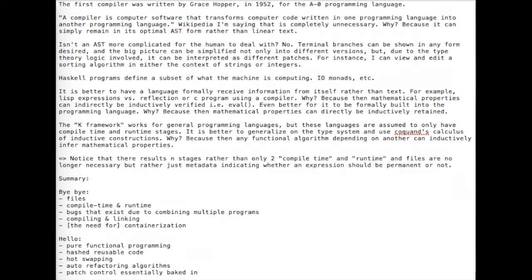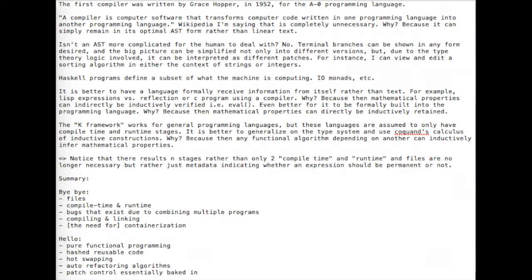So what I'm saying is that it's better to use something like Lisp S-expressions. It should be built into the programming language to use itself in that type of way. The problem is that even with languages that kind of have that functionality, like Lisp, you have eval, and people call eval evil because it actually doesn't retain the mathematical properties.